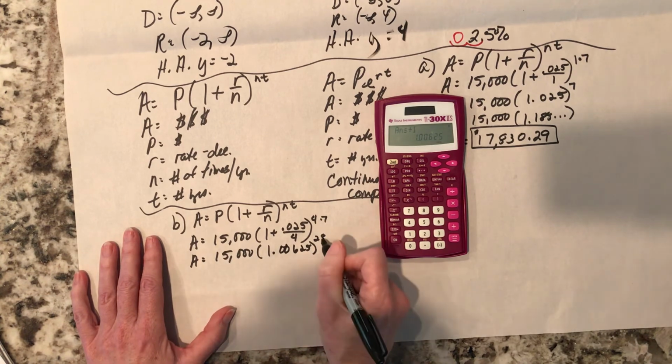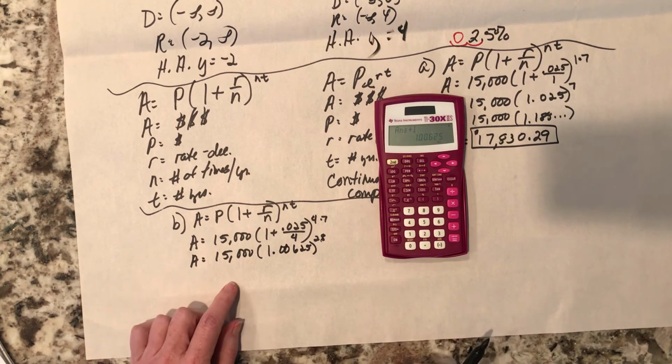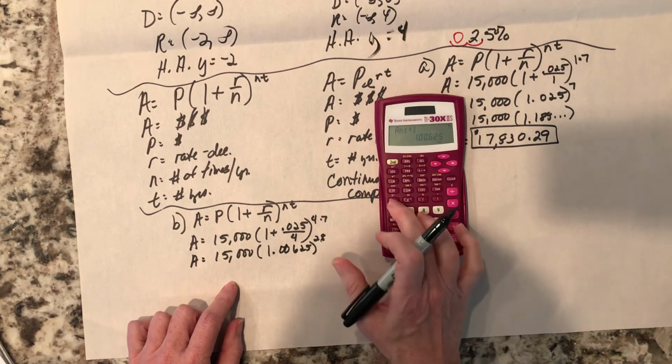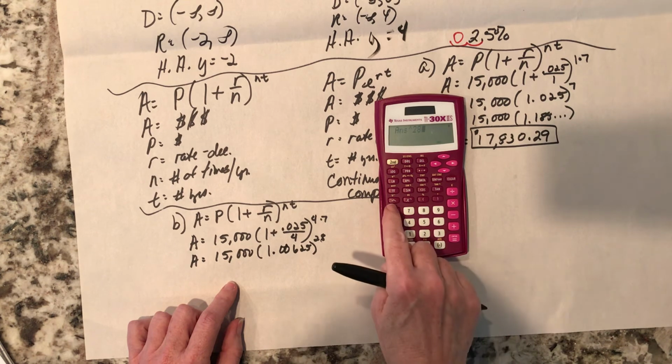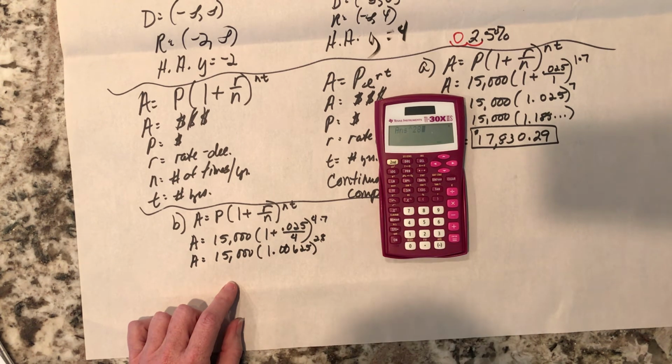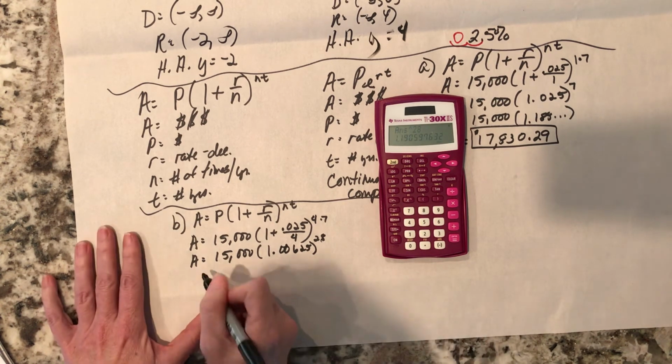So we're raising that number to the 28th power. It's already in your calculator, so I'm just going to raise it to the 28th power. Just hit the exponent button. It took my answer, 1.00625, raising it to the 28th power, and that gives me that number.